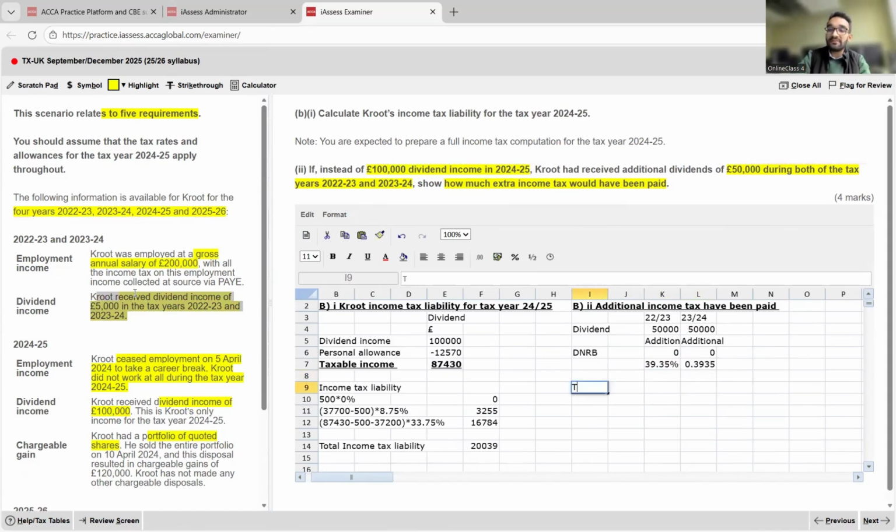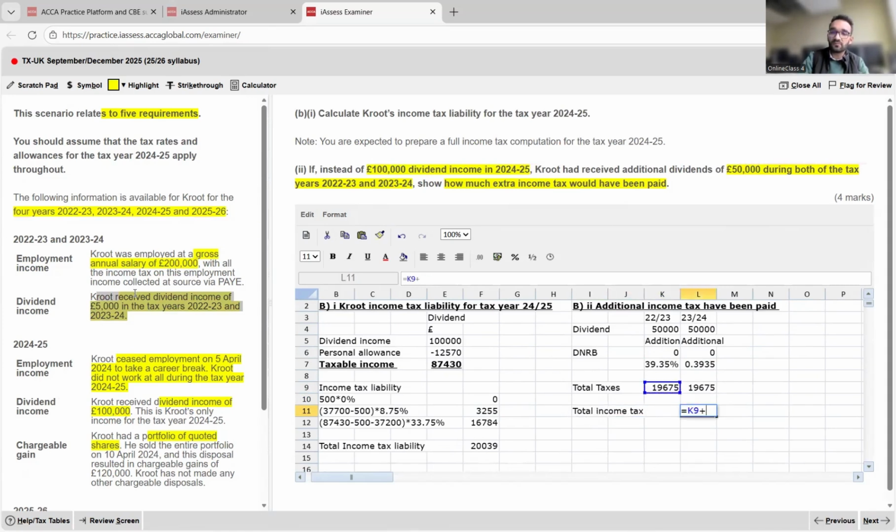So it means they will be paying total taxes of 50,000 into 39.35%, and the same 50,000 into this. Listen very carefully. So if they had received this 50,000 in the previous 2 tax years, they would be paying this amount of total income tax.